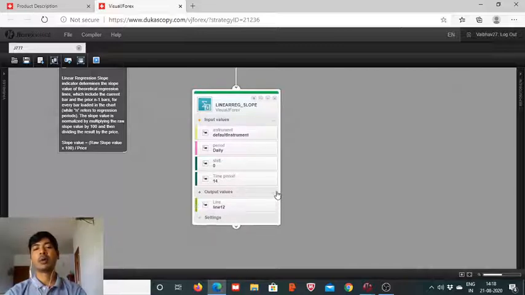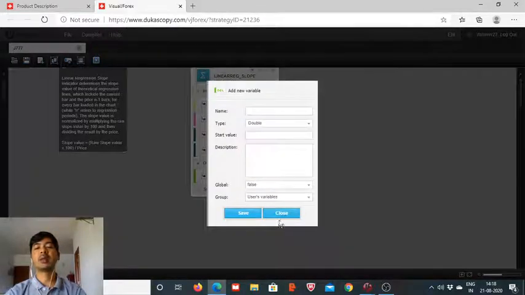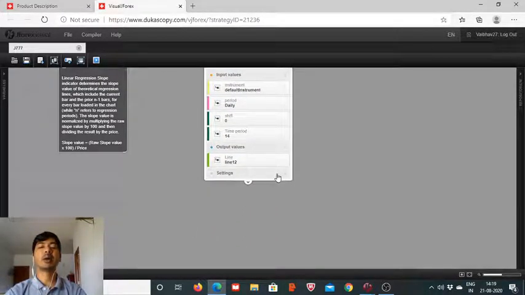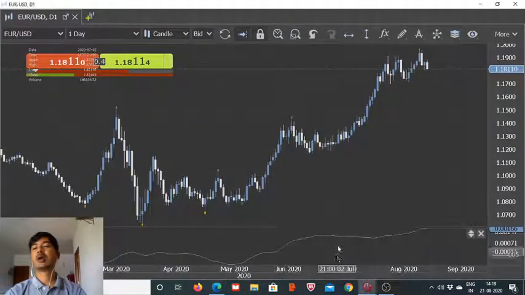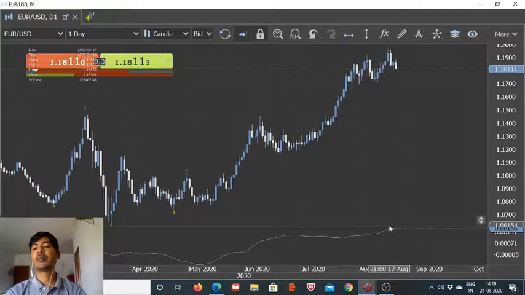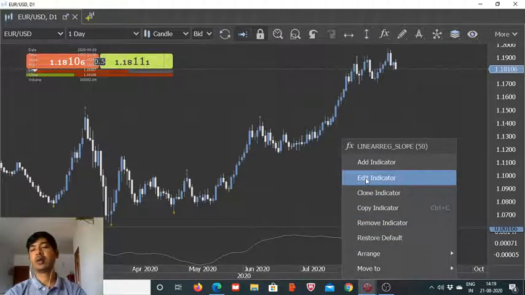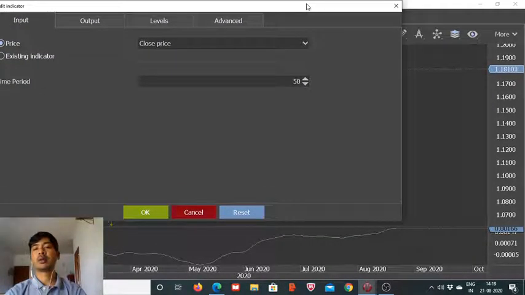Coming to the settings, we have to define on which side the calculation is to be done. Offer side can be ask or bid, and depending on the need of the hour, you can decide this. And then applied price, let me show you the changes which happen in the output value depending on which applied price we use. So basically, let's edit this. I will keep this here.